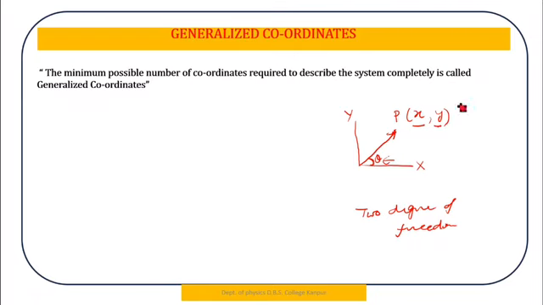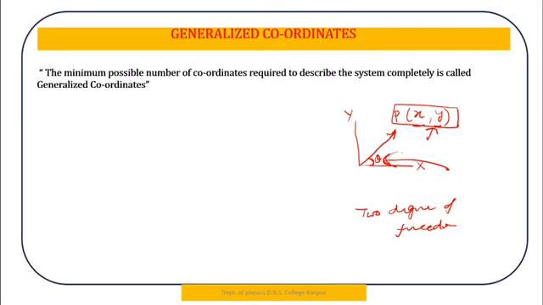This is 1 and this is 2. So theta is the minimum number of coordinates used to explain the configuration of particle P. So theta is called the generalized coordinate.